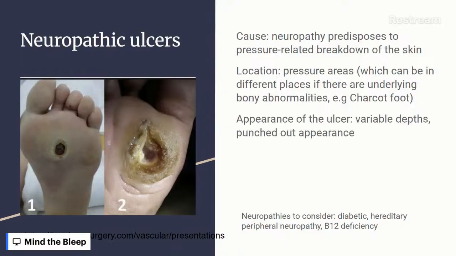Now, the cause of this, as hinted at by the name, is that sensation has been affected due to neuropathy. So the individual is unable to feel any damage or breakdown that takes place to that area of skin or tissue.